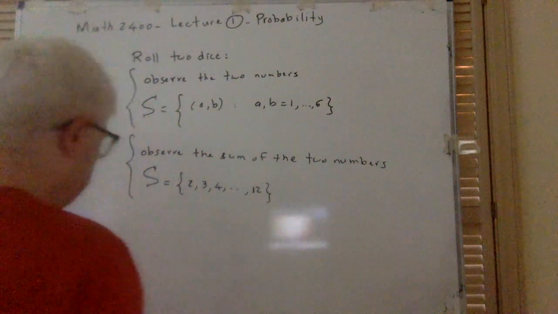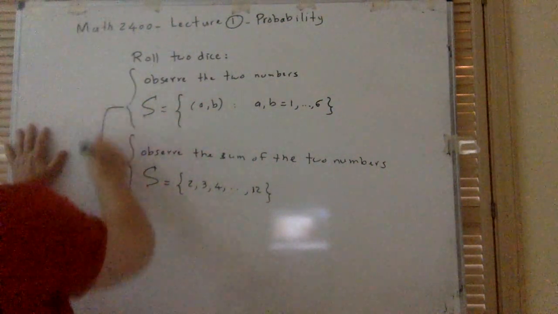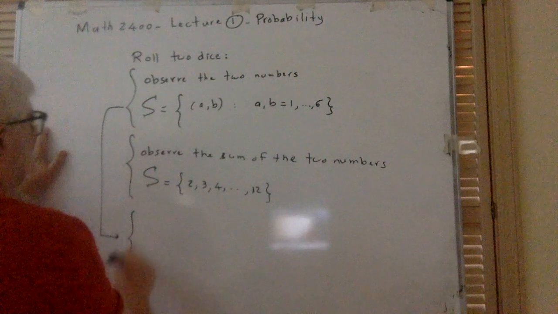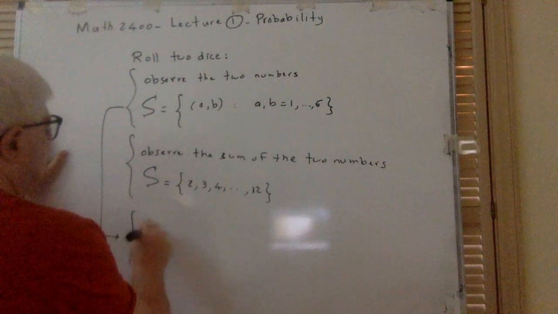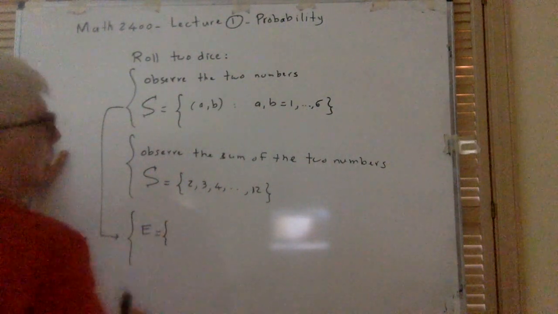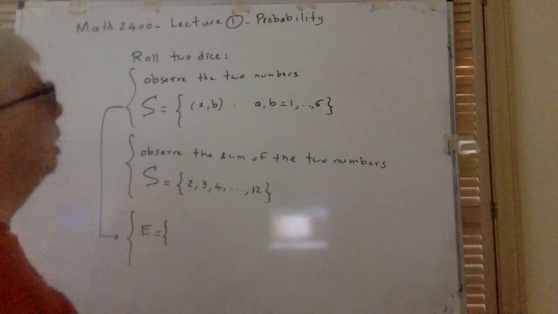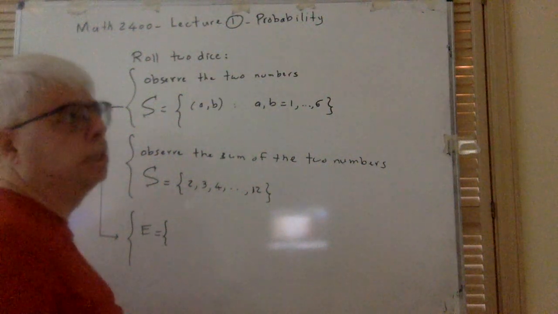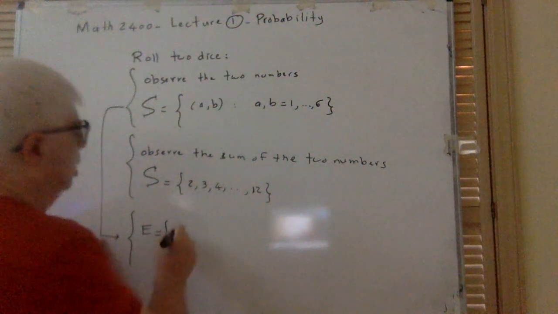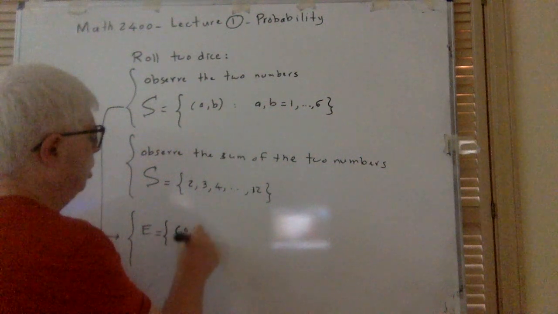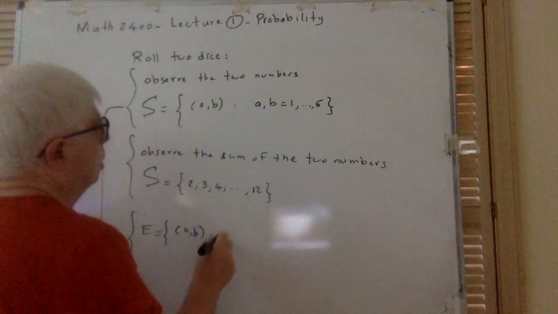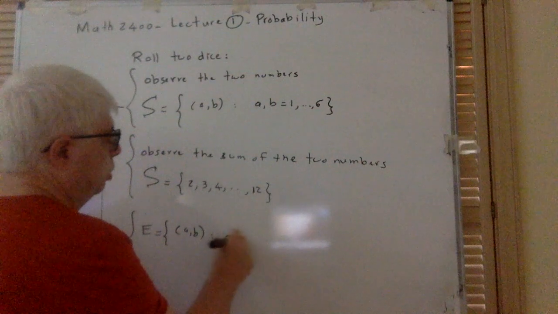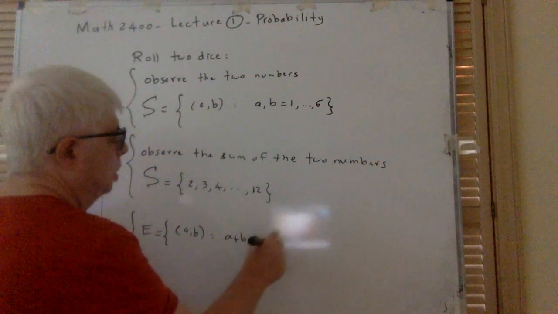Now, related to this, we can talk about an event, E, to be, say, rolling 2 dice and getting an odd number. So an odd number will be A, B, where the sum of them is odd, so A plus B is odd. Okay?